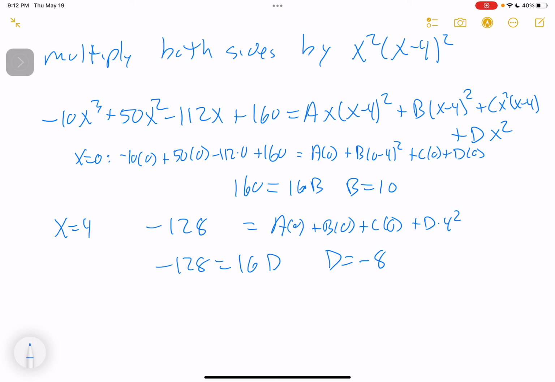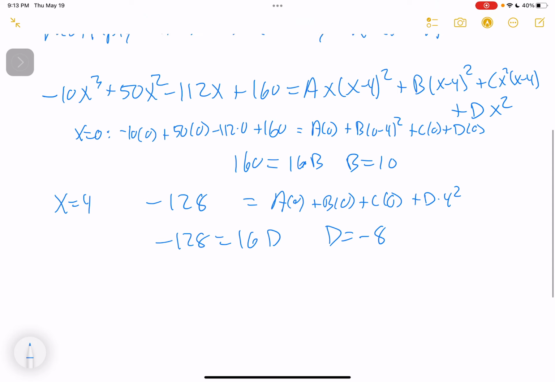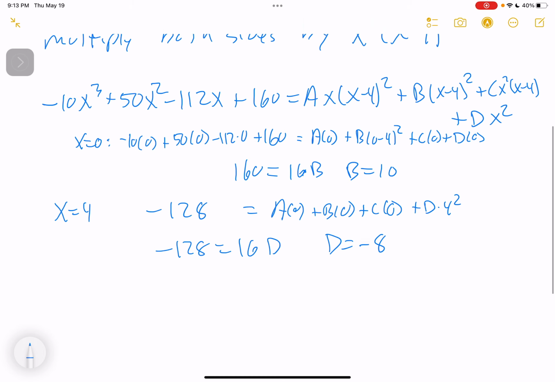Now we need to get a and c. There are no really quick ways to do it. Putting in whatever makes that factor 0, we kind of played that out with those two factors of multiplicity 2.